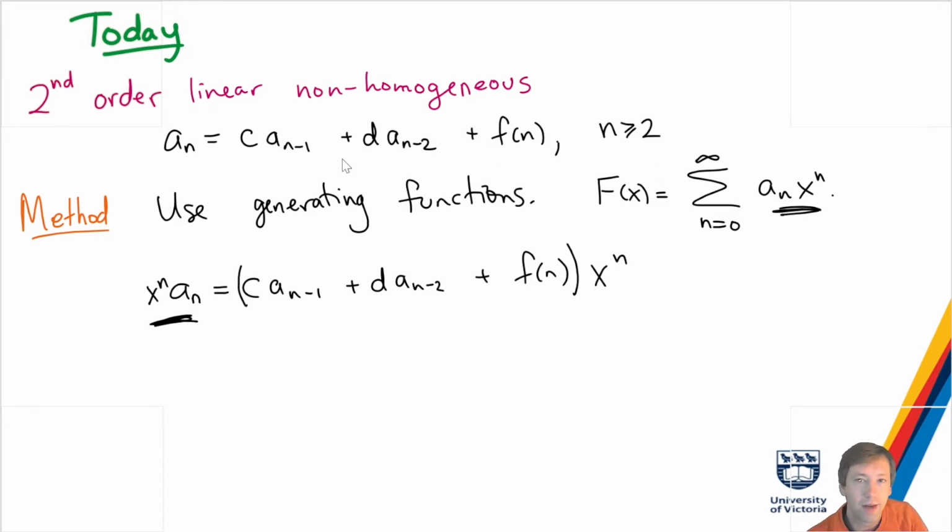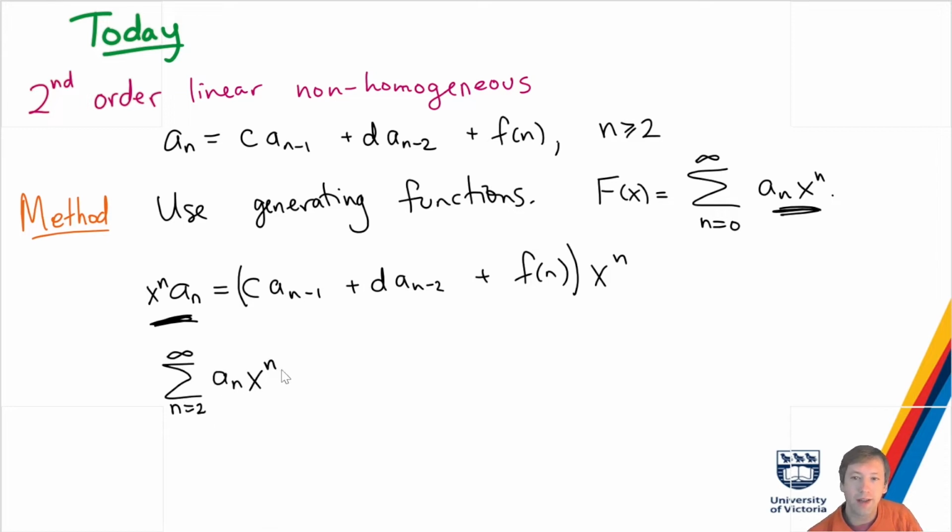And usually the recurrence relation is valid for, let's say, n at least 2. So the equation that I wrote down to begin with is true for n at least 2. So you could sum this over all n equals 2 to infinity.